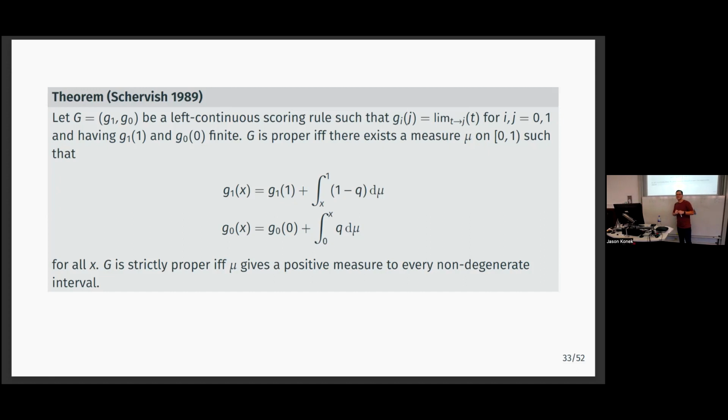Exactly right. G_i of j equals the limit as t goes to j, for j being 1 or 0, of G of t, just so weird stuff doesn't happen.